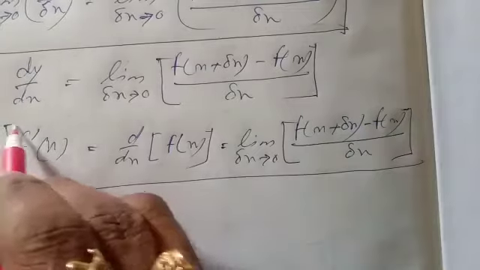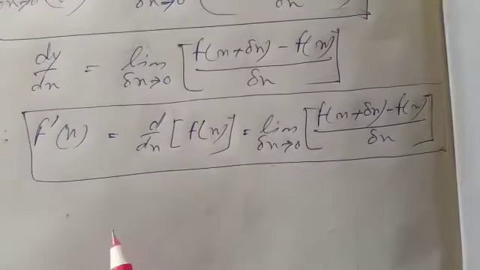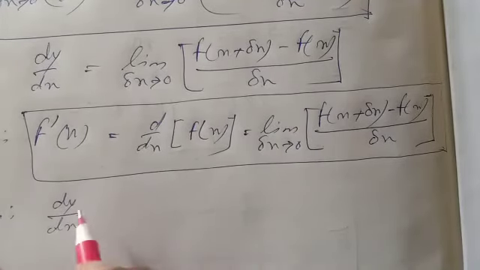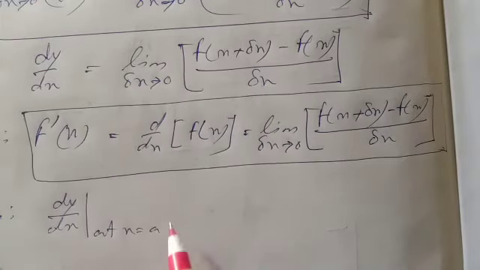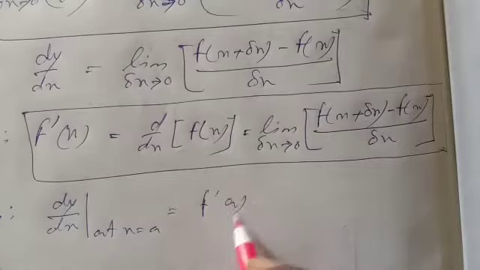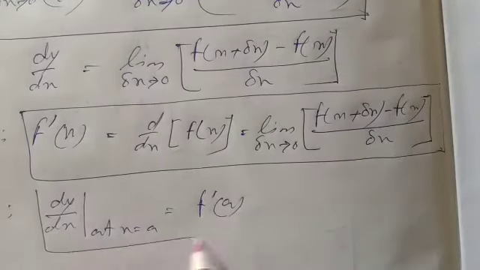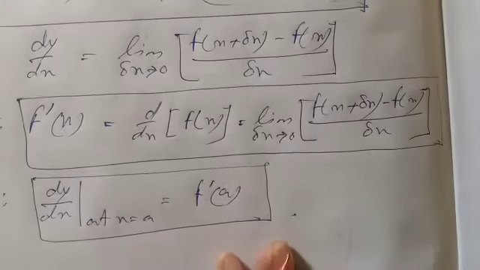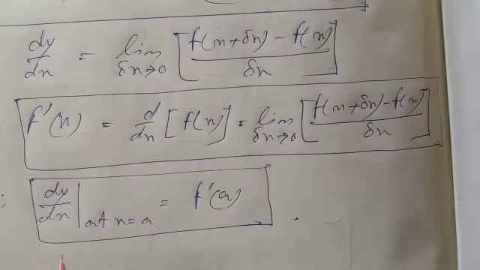The derivative of any function with respect to x at a given value x equal to a is denoted by dy by dx at x equal to a, which is equal to f dash a.